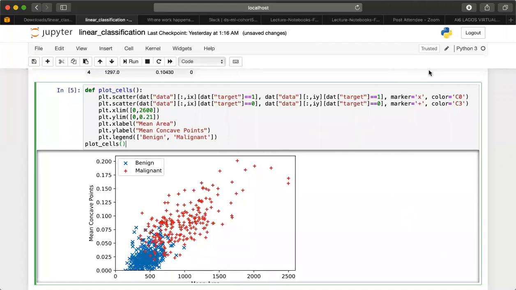Okay, Ademola. Hello, can you hear me? Yeah. So we want to predict based on two possible outcomes. That is, given a certain input, we want to know whether it is either malignant or benign.